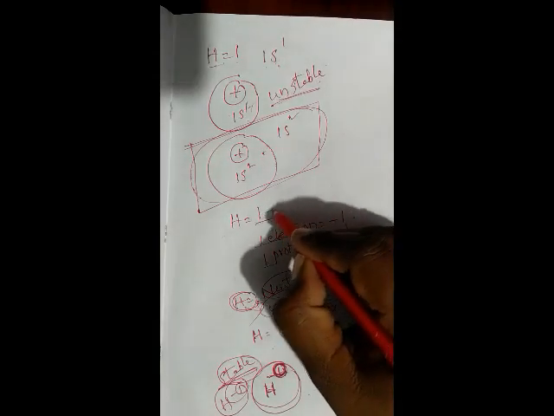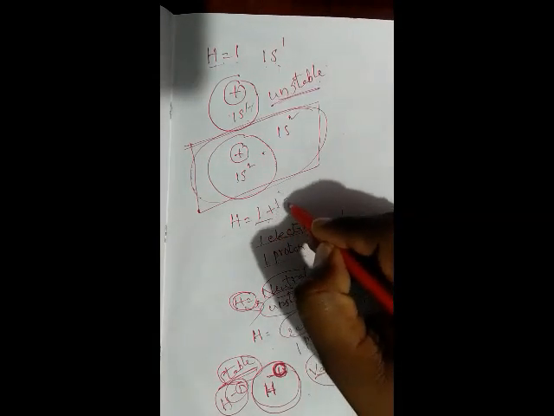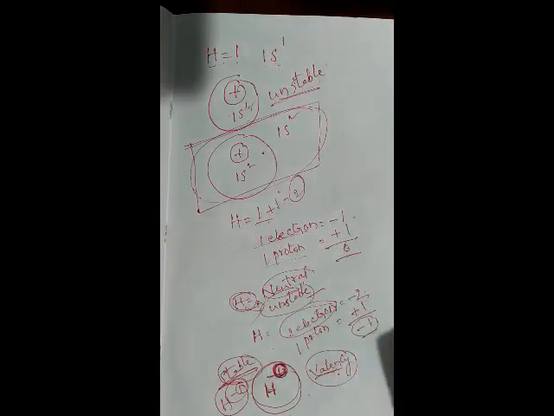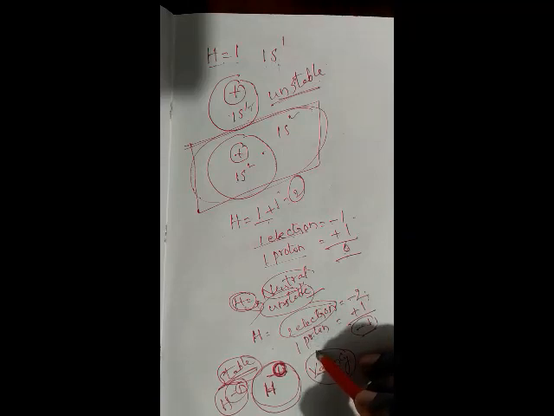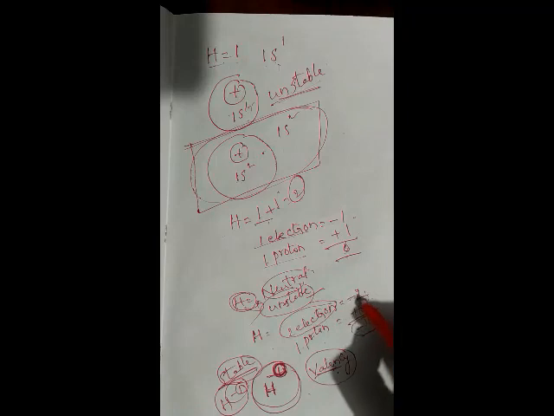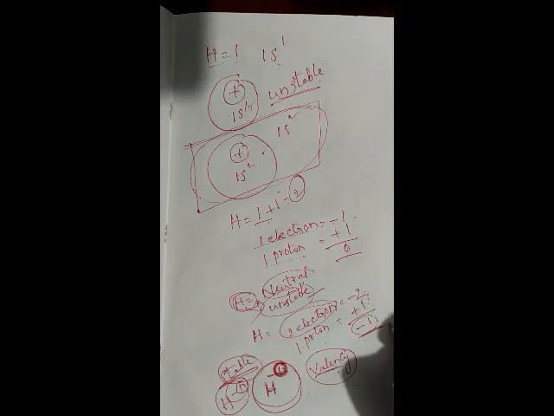When it gains one electron, hydrogen contains two electrons, so minus 2. But there is no change in its protons. Hydrogen does not lose or gain protons, so it contains one proton only, so plus 1. So minus 2 plus 1, total minus 1.